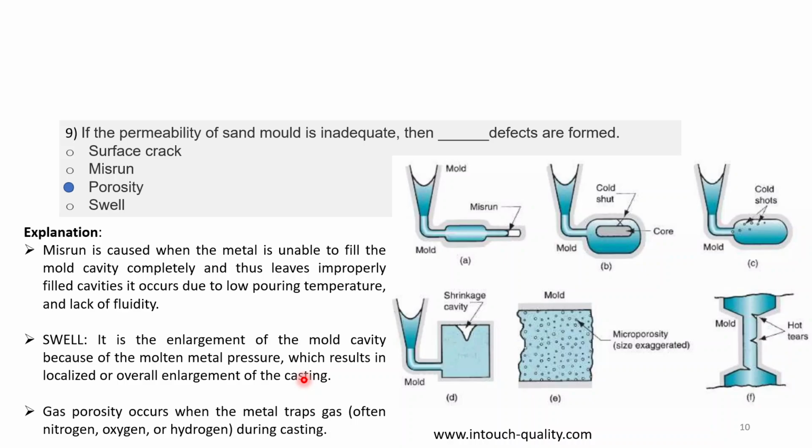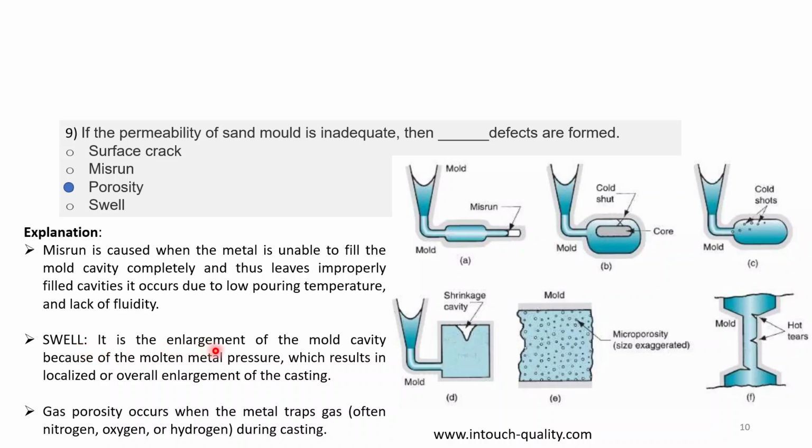Here you can see this is the misrun. Your metal is coming here, and because of this type of structure, it's not flowing up to here, and also less fluidity of the metal can be one of the reasons. In the case of swell, what will happen is enlargement of the mold cavity.